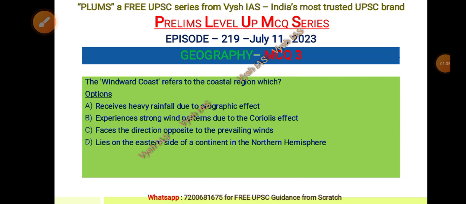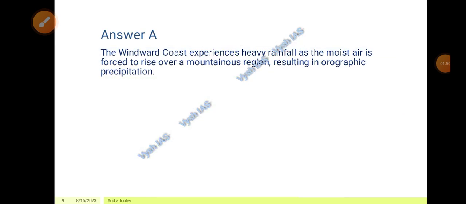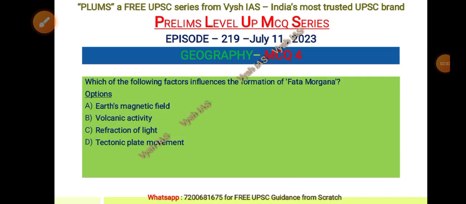D. Lies on the eastern side of a continent in the northern hemisphere. Right. So now let us see the answer. The windward coast experiences heavy rainfall as the moist air is forced to rise over a mountainous region, and this results in orographic precipitation.